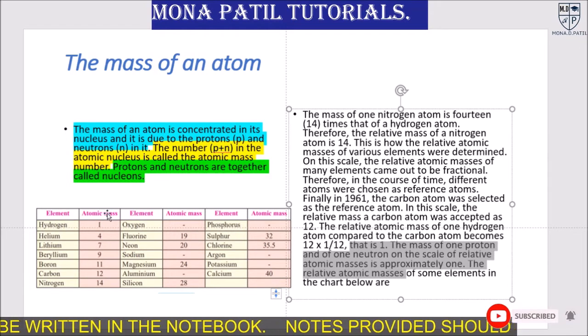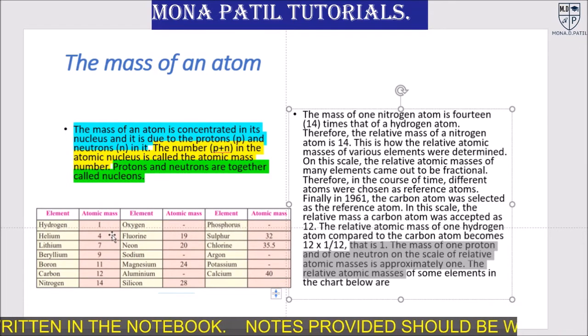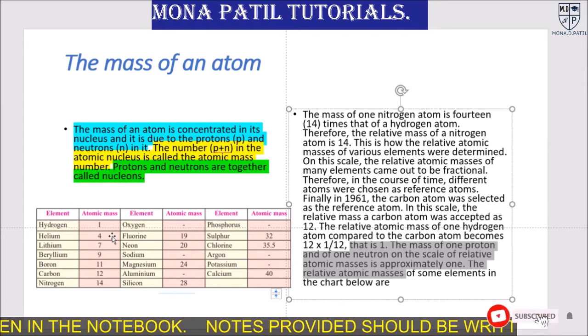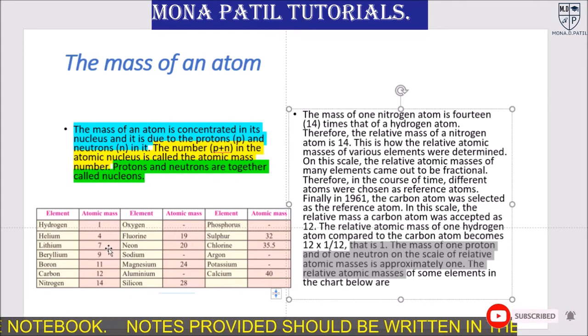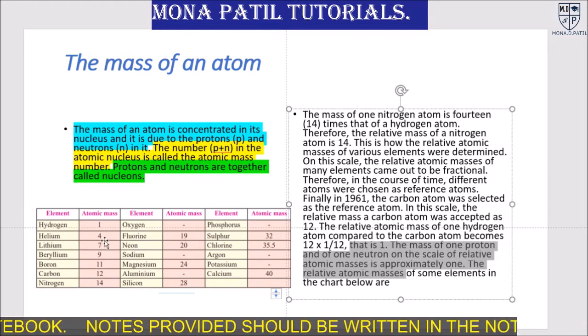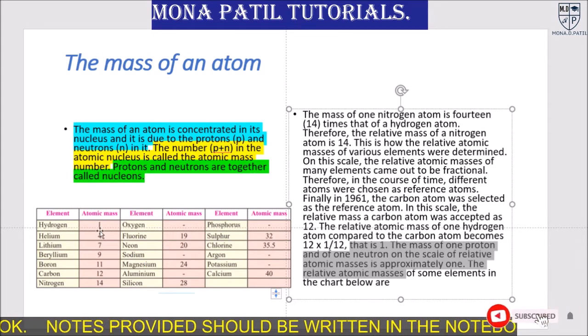Here hydrogen has atomic mass 1, helium 4, which means helium is 4 times bigger than hydrogen. Every element is compared with the mass of hydrogen.